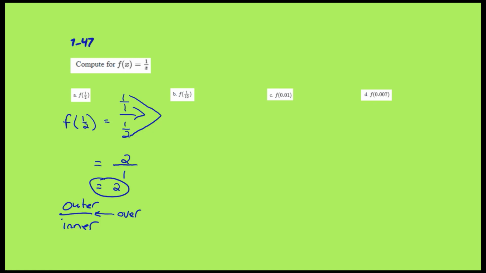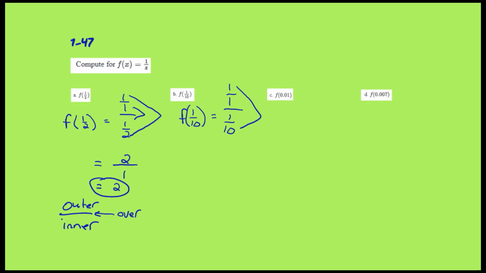So let's do that again on this next one. So I've got f of 1/10 equals 1 over 1/10. You're pretty much realizing that if you're doing 1 divided by any fraction, it's just going to flip that number. But this is just something to help you with. So I've got, again, outer.